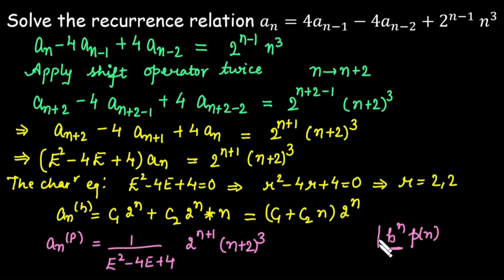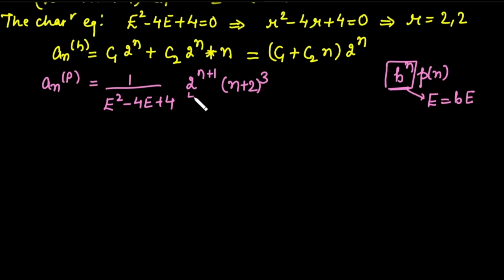With the help of this, we will replace E by bE. In short, first we will deal with 2 raised to power (n+1) and then we will move to the polynomial. For this case, when they are in a product form, we can replace E with bE.